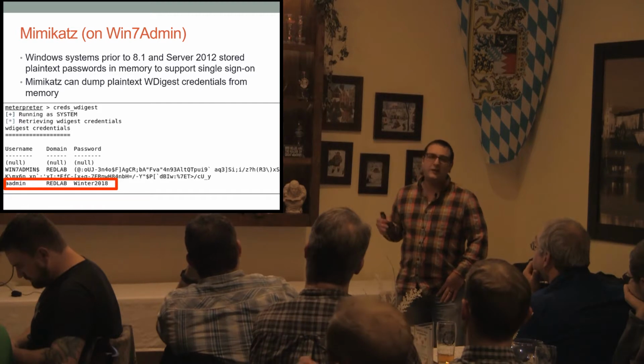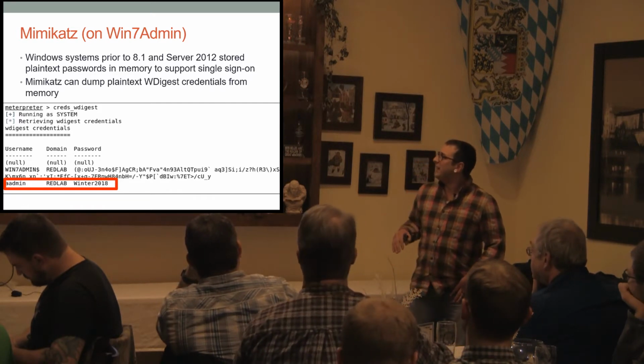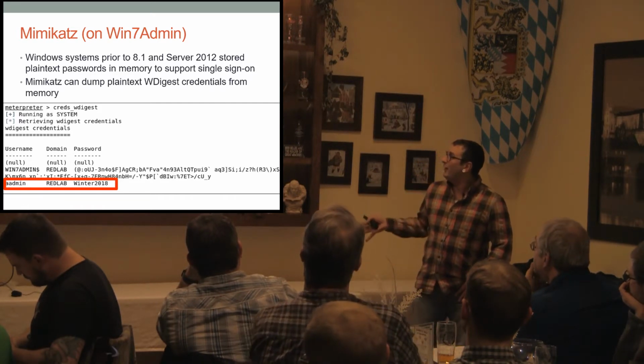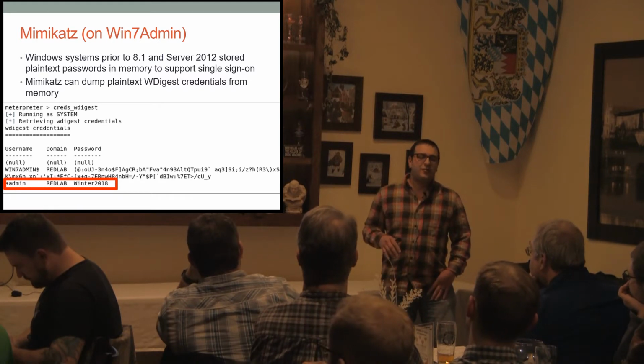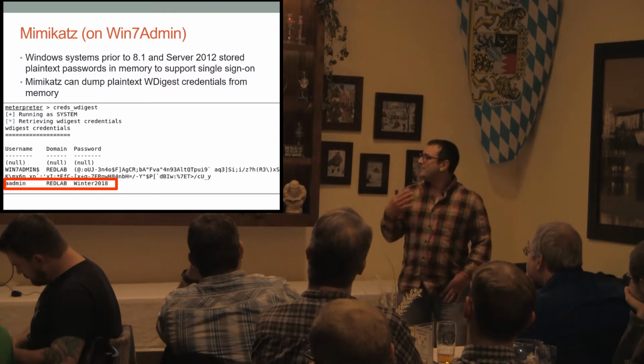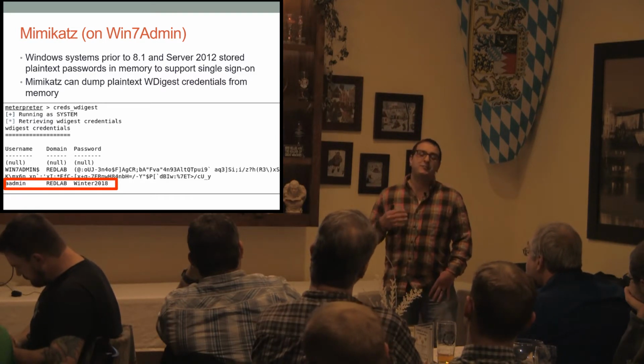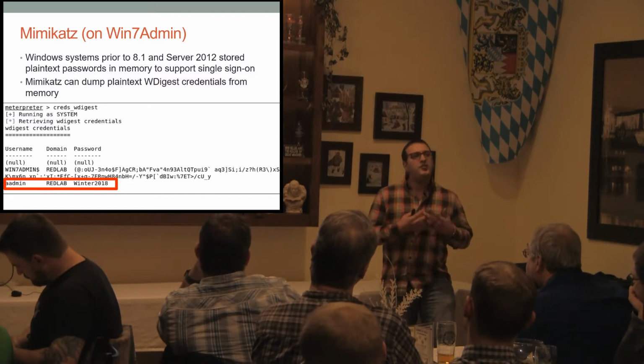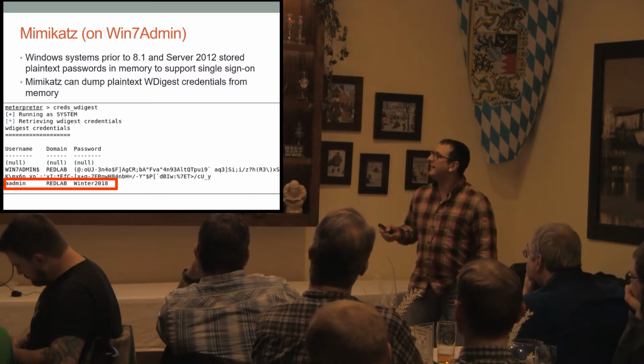So when you log into Windows systems prior to Windows 8.1 and Server 2012, it stored your credentials for your logged on user or any logged on user accounts in this WDigest form. It was in plain text in memory, and that was used to facilitate single sign-on, right?